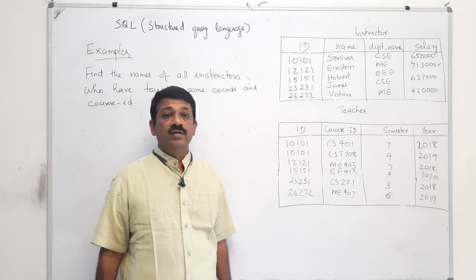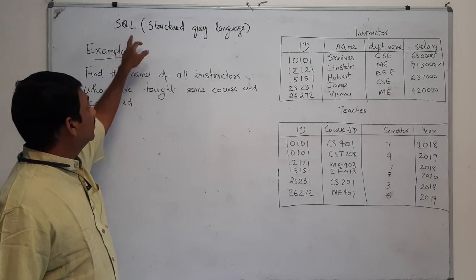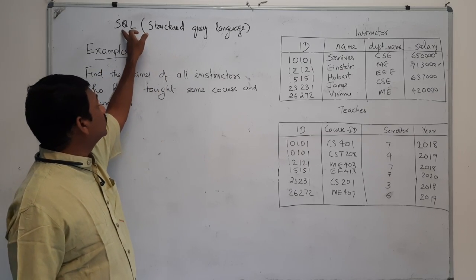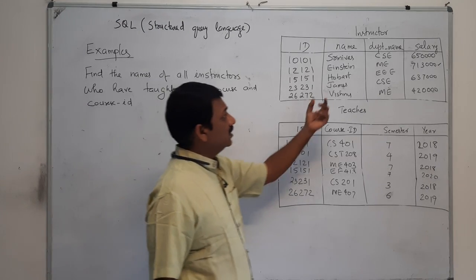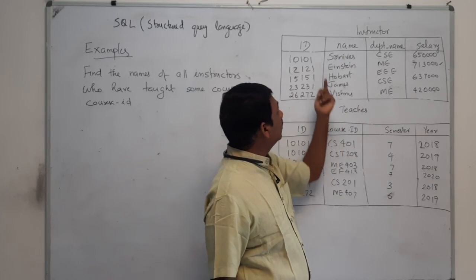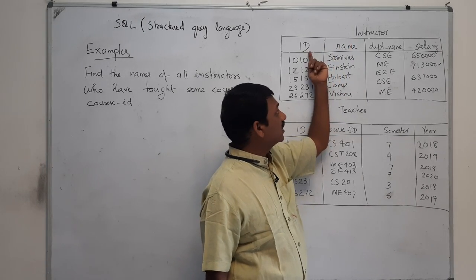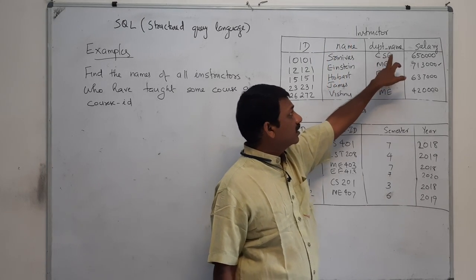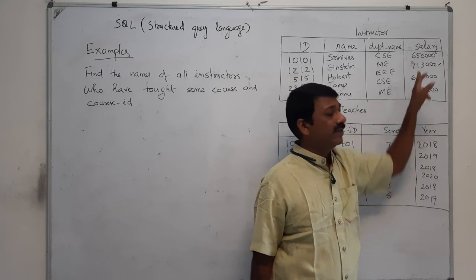Good morning. Today we are going to discuss some examples with respect to structured query language or SQL. Here we have an instructor table. In the instructor table, this is the instructor ID, the name of the instructor, the department which he belongs to, and the yearly salary.